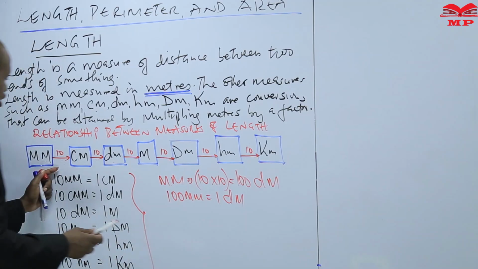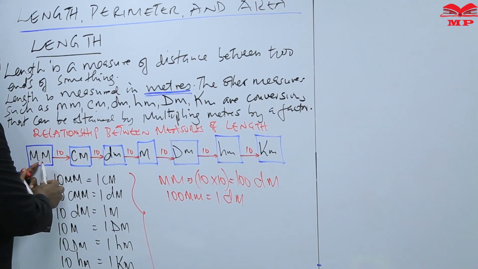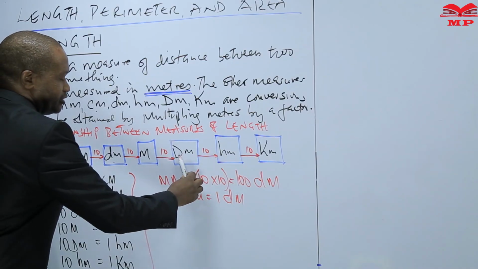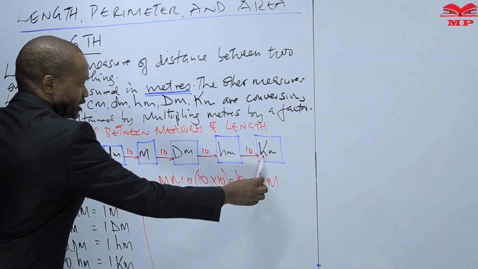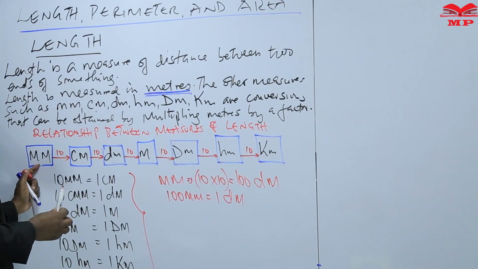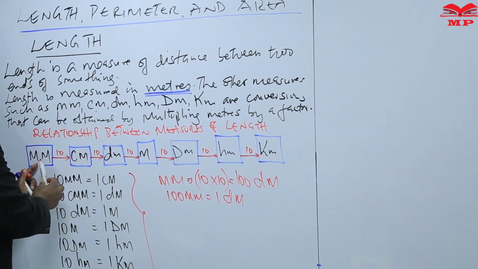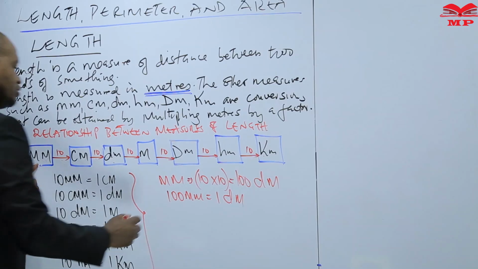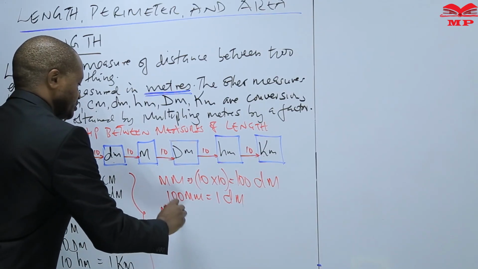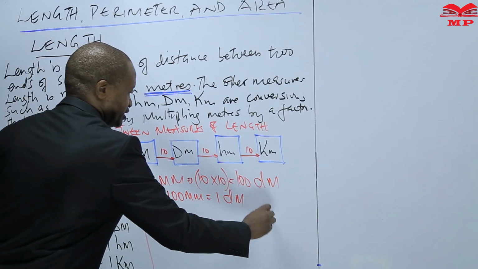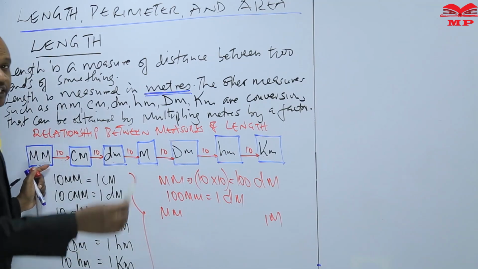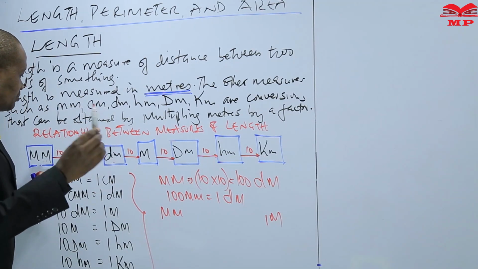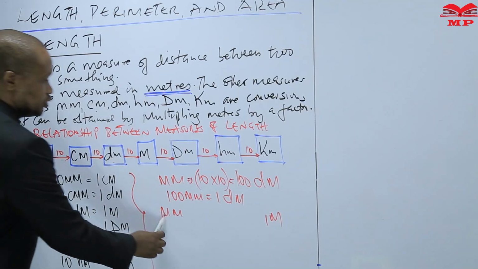So if you want to know how many millimeters make 1 kilometer, or let me do meter first. How many millimeters make 1 meter? We are talking of millimeters and 1 meter. So we get the product of the tens between the two.